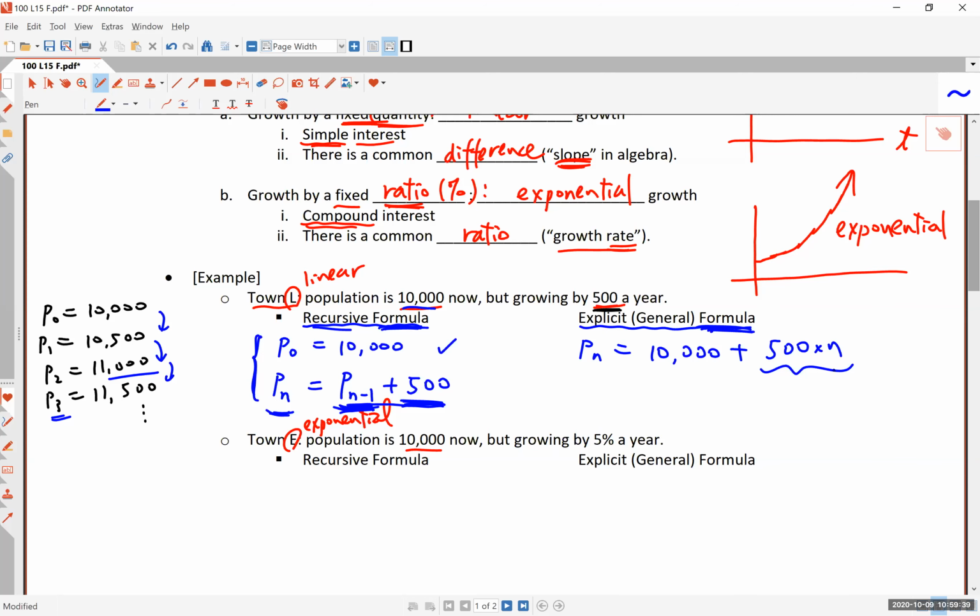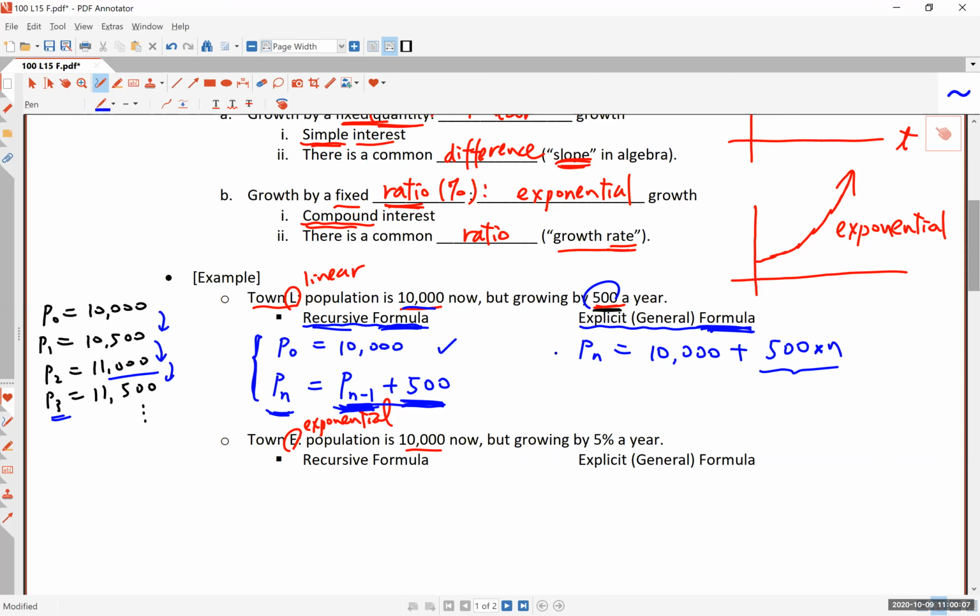Because if you give them 5 years, 5 times 500 is 2,500, and that would be the population growth for the 5-year period. Of course, you do the multiplication first in any operation with addition and multiplication. And so this is called the explicit formula for the nth year.